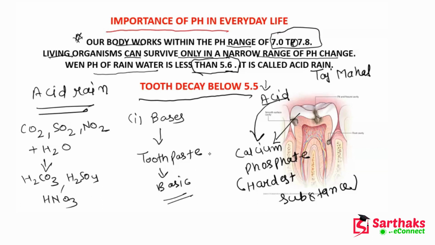This calcium phosphate is known as tooth enamel, and the corrosion of tooth enamel is known as tooth decay. I hope this is clear to you. Now let's move ahead to the next slide.